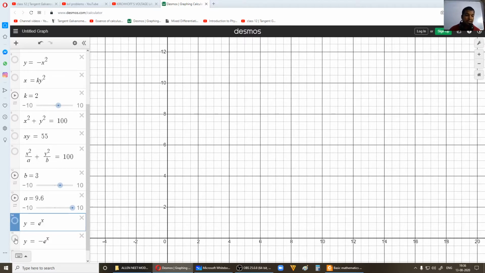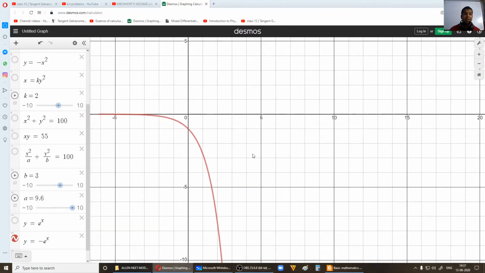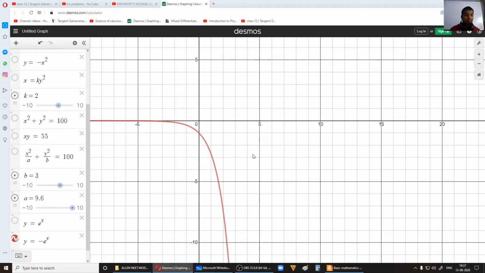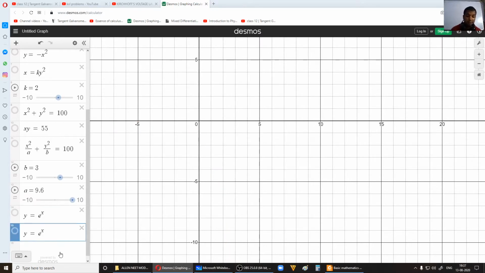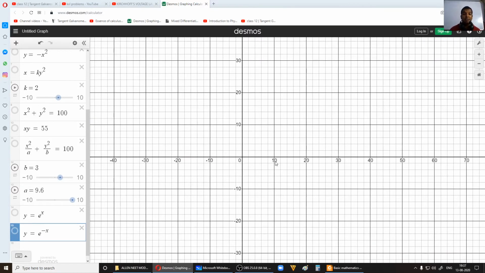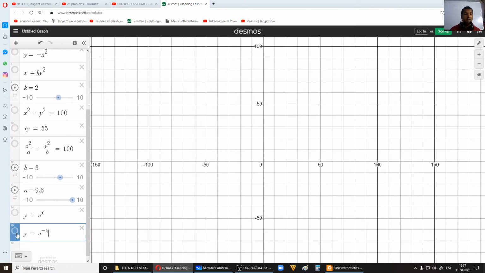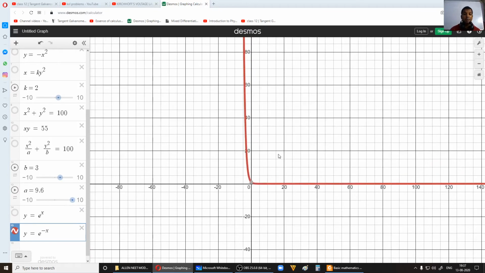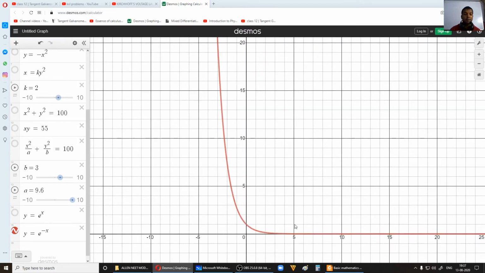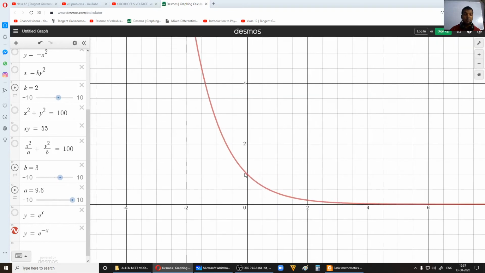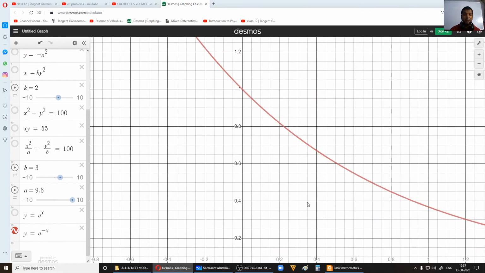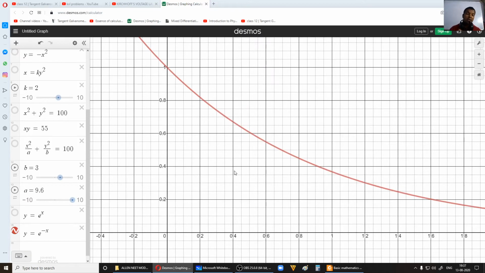Now exponential decay looks something like this. Sorry, this must be e power minus x. I'm so sorry. So e power minus x looks this way. We are not taking the values to the left side.